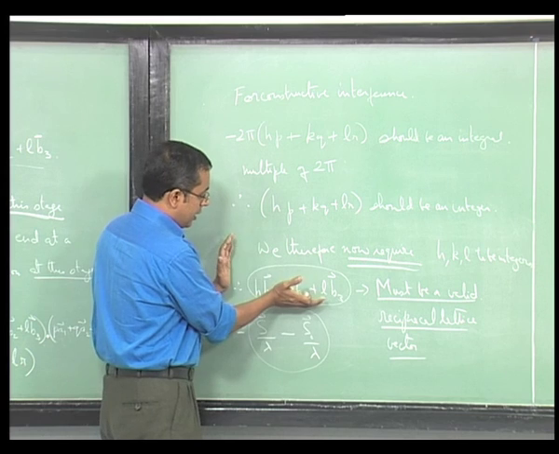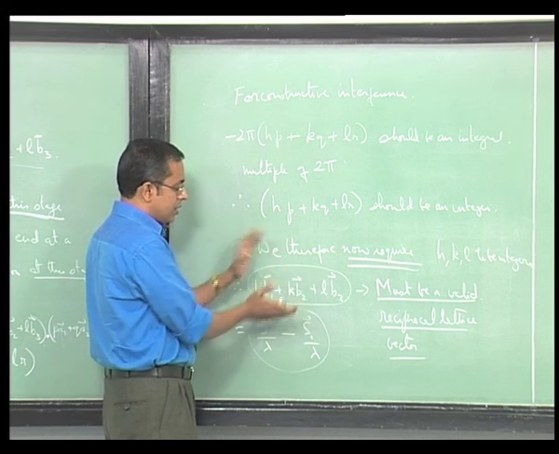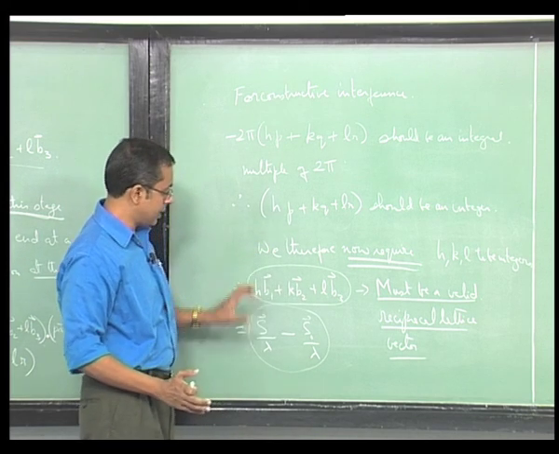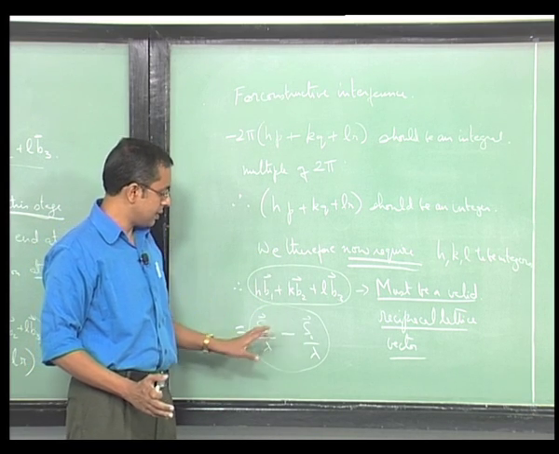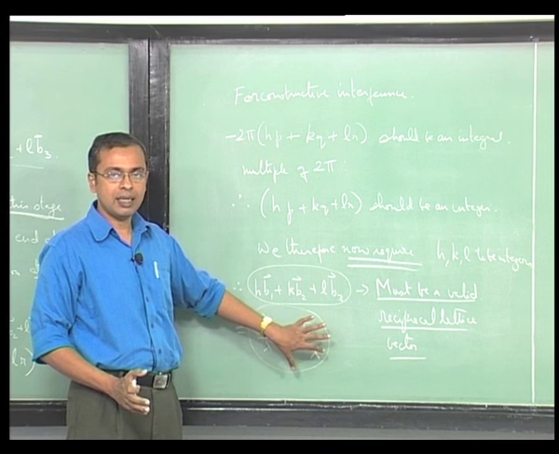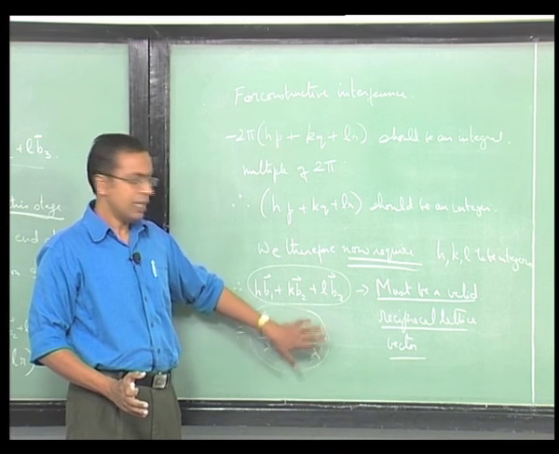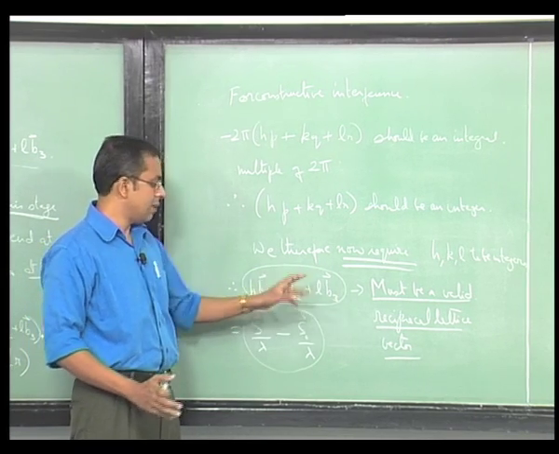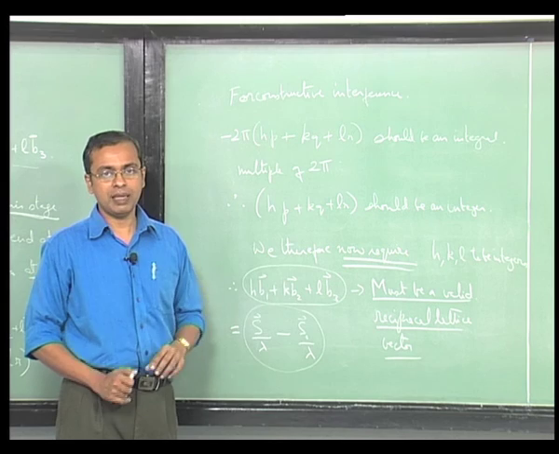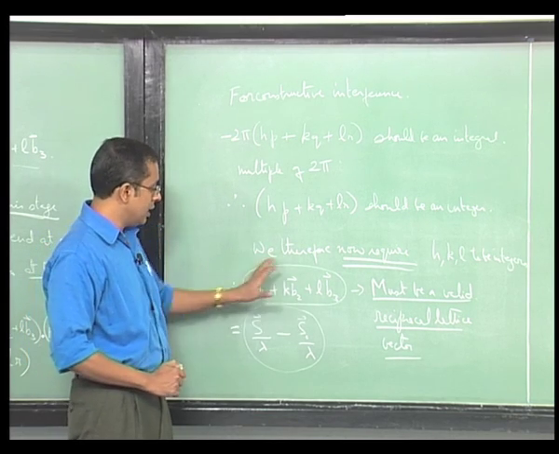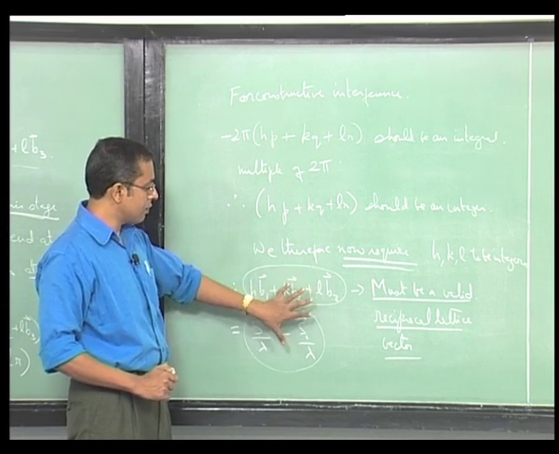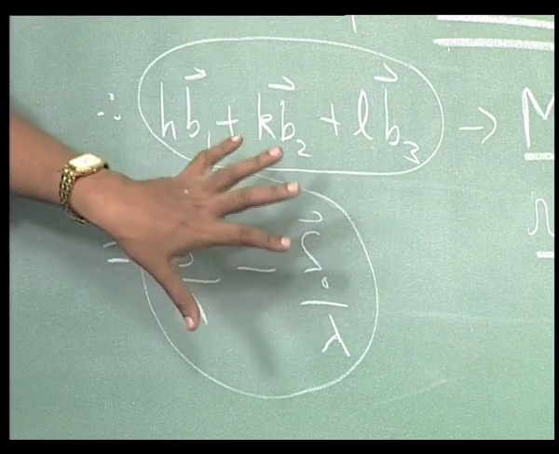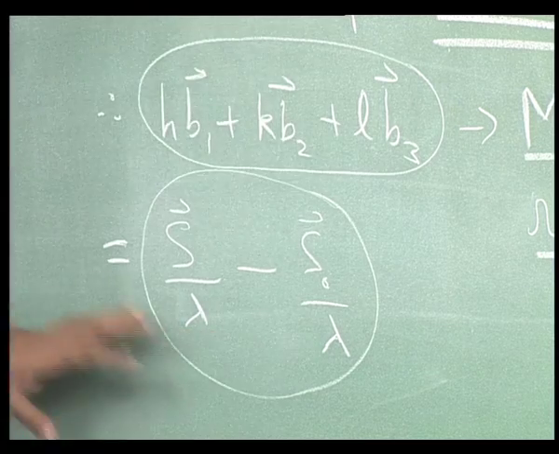We have the reciprocal lattice vector representing the reciprocal lattice on one side, and the reciprocals of the wavelengths with their directions, the wave information, on the other side. The fact that they are equal, with H, K and L being integers and therefore a valid reciprocal lattice point, gives us the complete picture of how we represent the condition for diffraction in reciprocal space. This is the important derivation here.